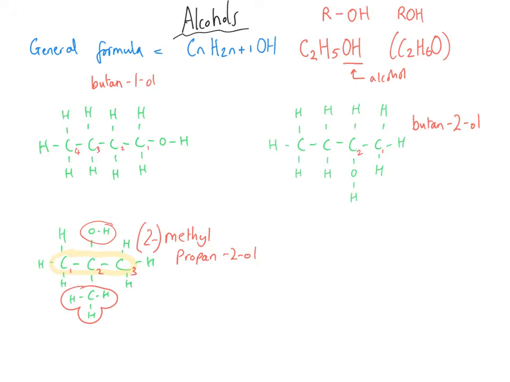If we work out the formula of each of these alcohols, we will find that, in fact, all 3 of them have got 4 carbon atoms. They have also got 9 hydrogen atoms, and then they have got their OH group, or C₄H₉OH. And what that means is that these 3 are all isomers of the same formula.